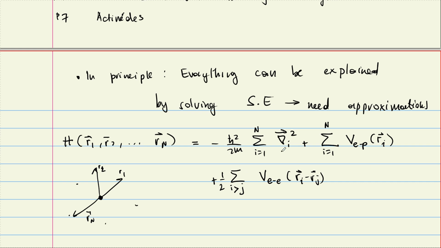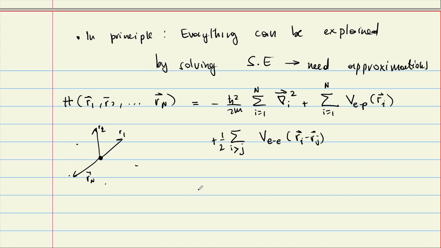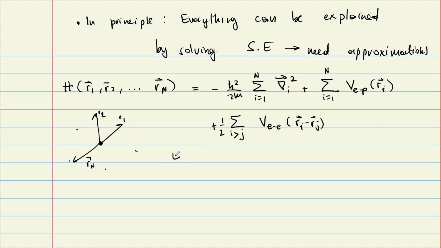But the message is, even in this form, this equation is not controllable, right? Even if you have one coordinate, imagine what we had to do. Now we have all of these things. I cannot even write the Hamiltonian. And for each Hamiltonian written like this, we have to find a wave function, psi of R1, R2, dot, dot, dot, Rn.